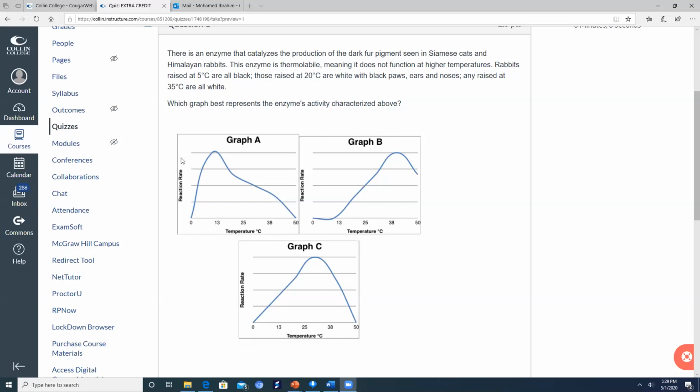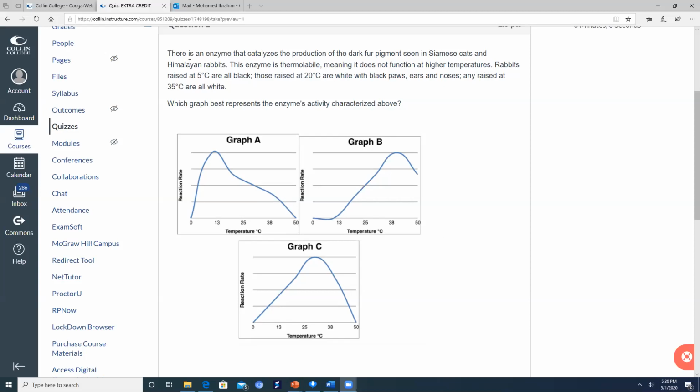In graph A, enzyme activity is almost zero, no activity at all at around 0 degrees Celsius, and then the activity increases significantly when we increase the temperature. We call this the optimum temperature, the best temperature for the enzyme to give the best product. When we increase the temperature further, the activity slows down till it reaches almost zero activity again at 50 degrees.